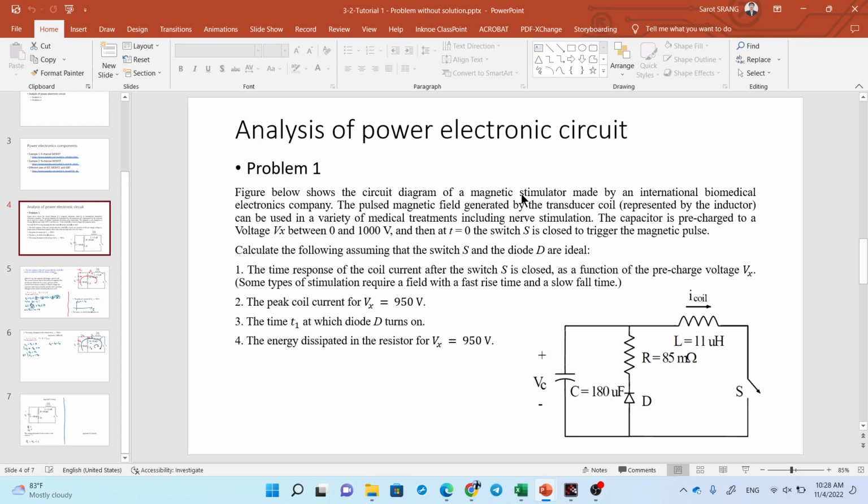In this problem, we assume that all the switch and diode are ideal. You make an analysis when you start to switch on this one, so this one becomes closed, and you consider that as time equal to 0 at that moment.